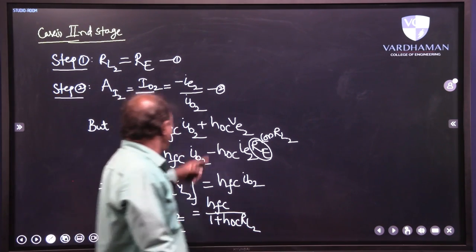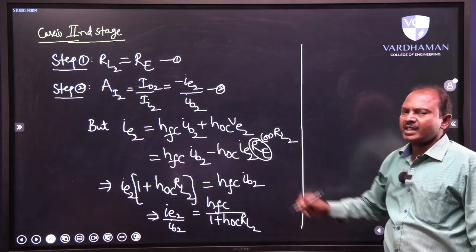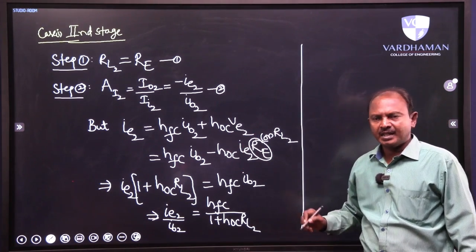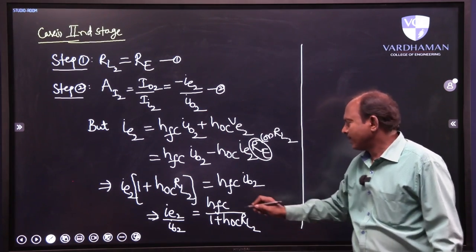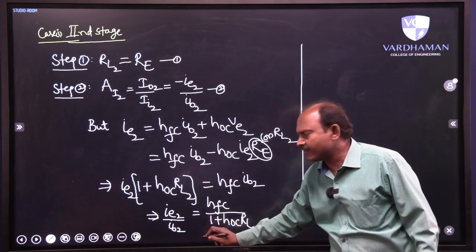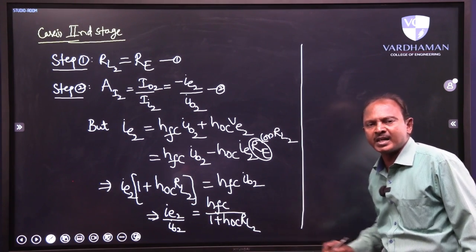Then if you go back to equation 2, what is the parameter we are trying to estimate? We are trying to estimate current gain. Current gain is given by minus IE2 by IB2. As of now, we got an equation for IE2 by IB2, which is HFC by 1 plus HOC RL2.